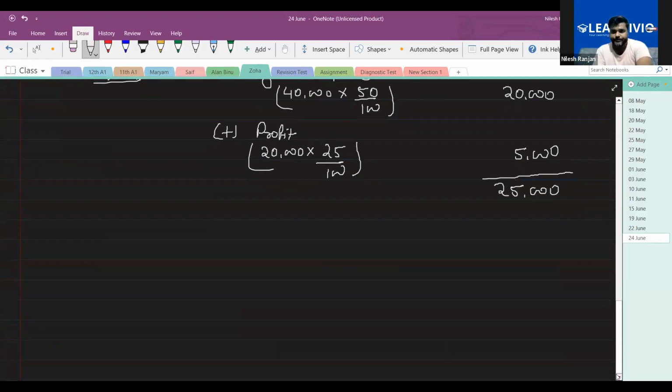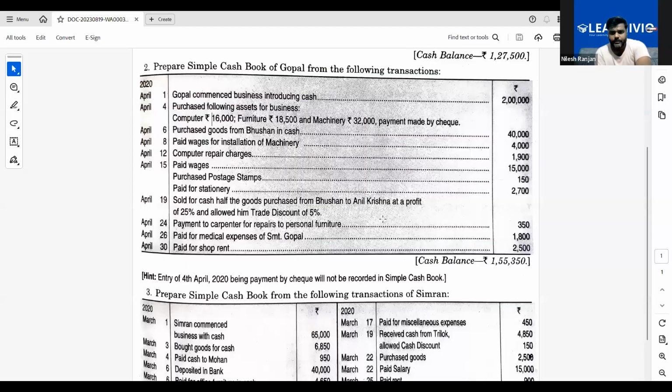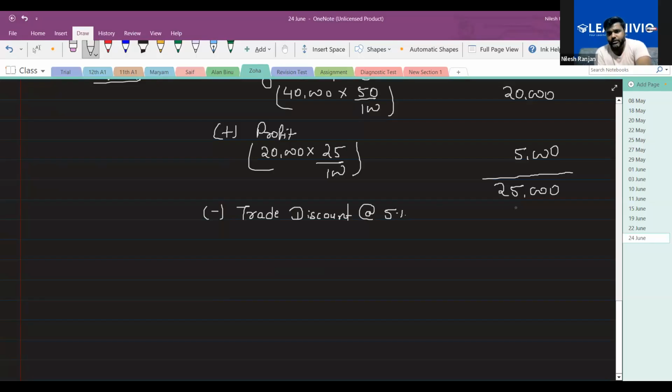After that, minus trade discount at the rate of 5%. So 25,000 into 5%, it will be 1,250.